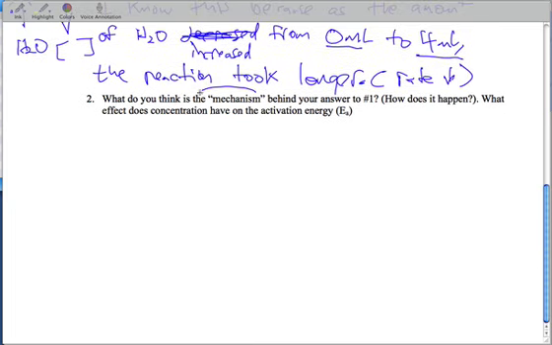What do you think the mechanism behind your answer is? So when I say mechanism, I mean what's going on at a molecular level.